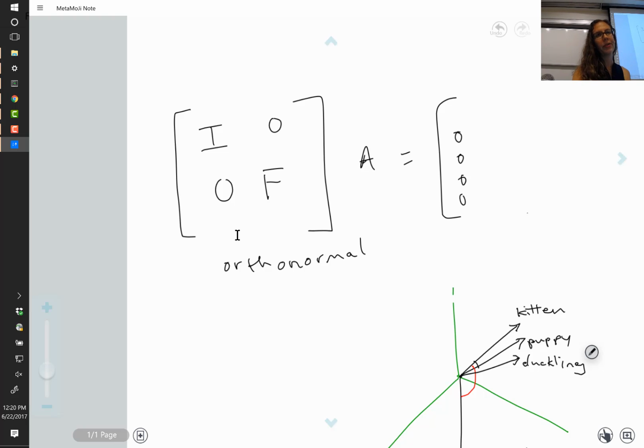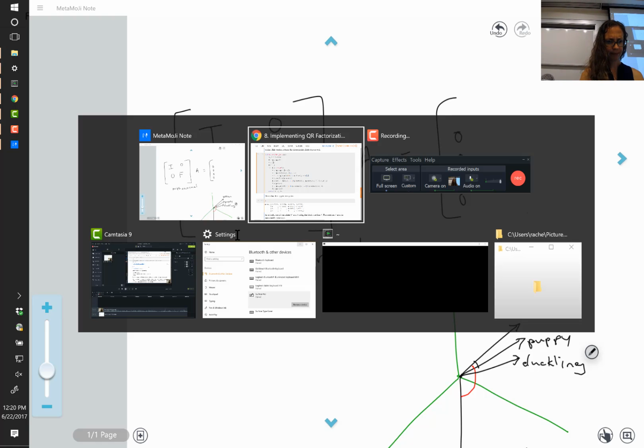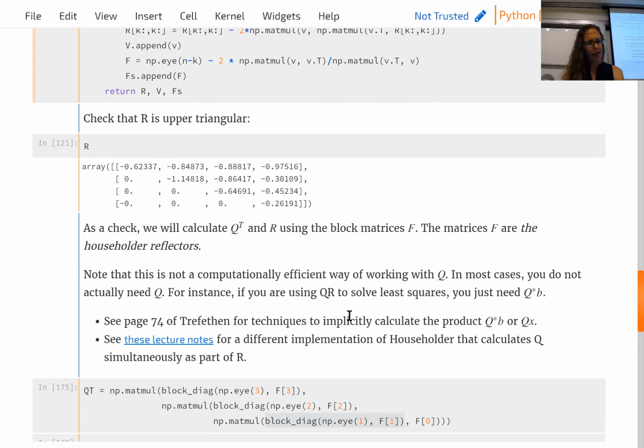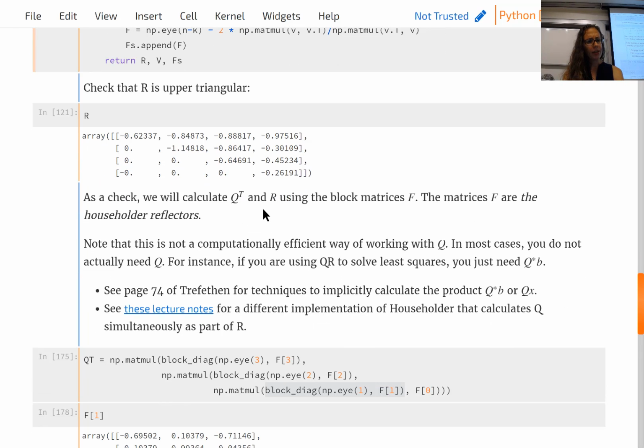You're constructing these matrices, and we calculate Q and R using these block matrices F.